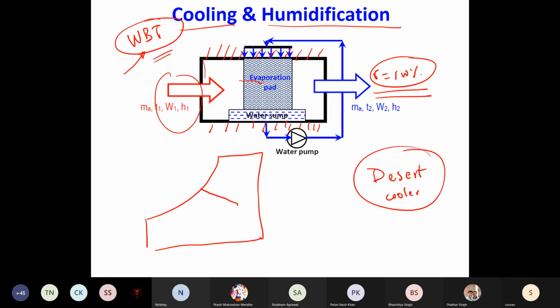So the incoming enthalpy of this liquid water also needs to be included. If you neglect that, then it becomes an isenthalpic process. So H1 equals H2. If you neglect the enthalpy of the liquid water that you always stock up in your desert cooler, then it becomes H1 equals H2.